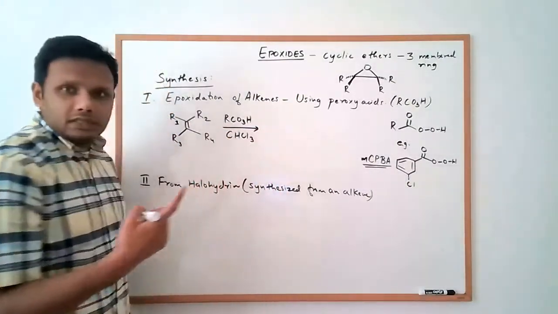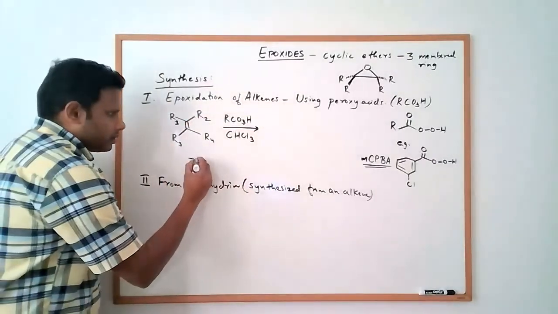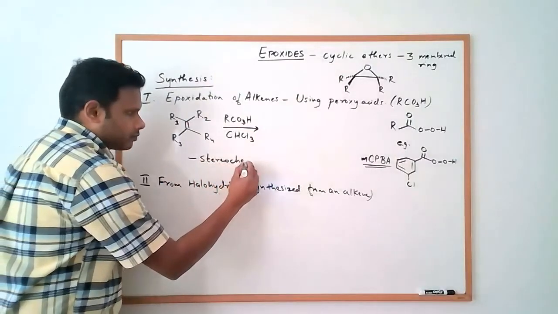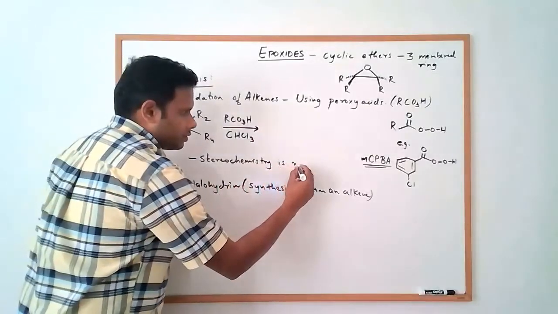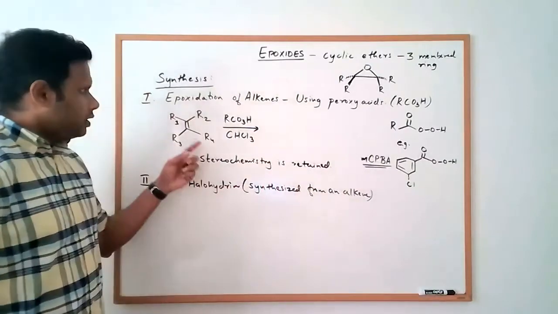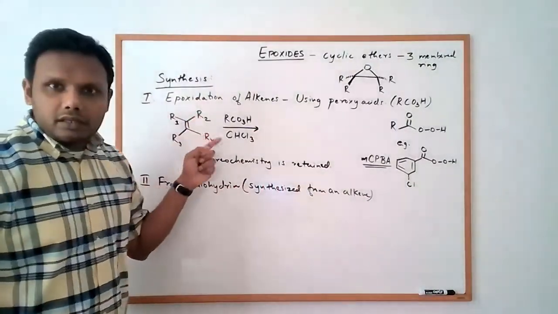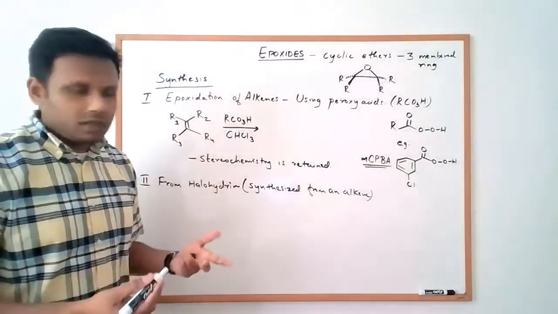Once you synthesize the epoxide, the important thing to remember here is that the stereochemistry is retained, which means groups that were cis in the alkene remain cis, and groups that were trans in the alkene remain trans.